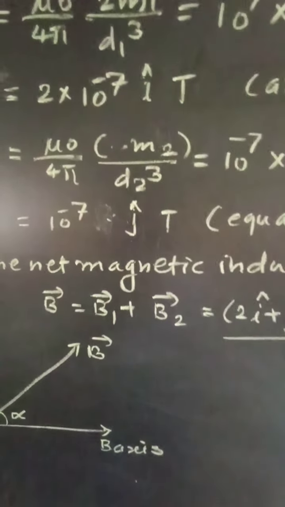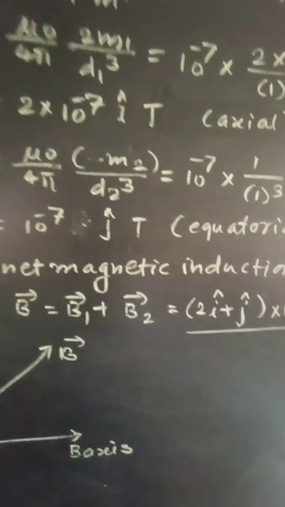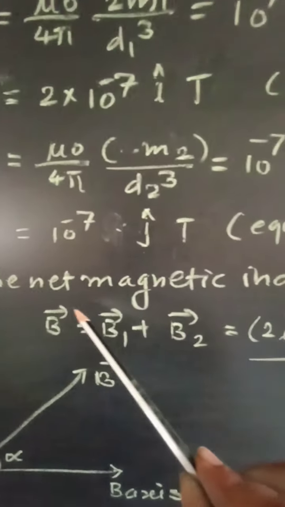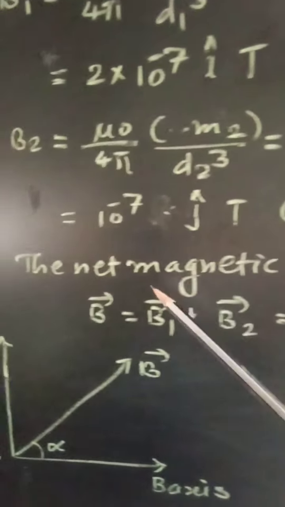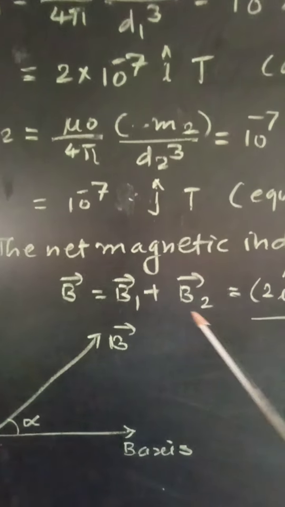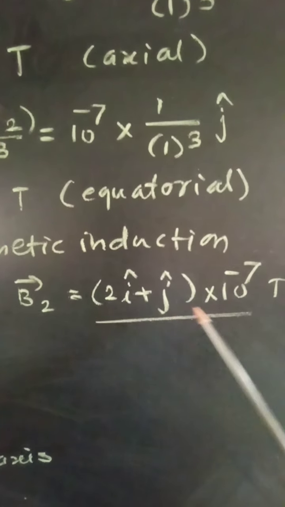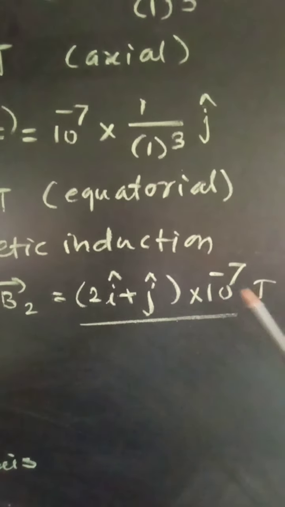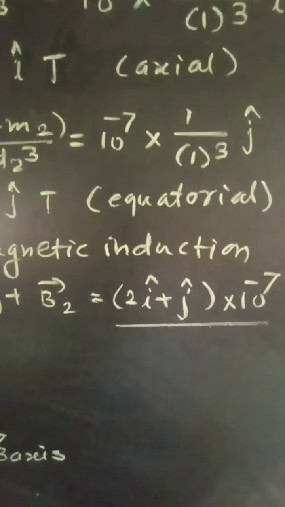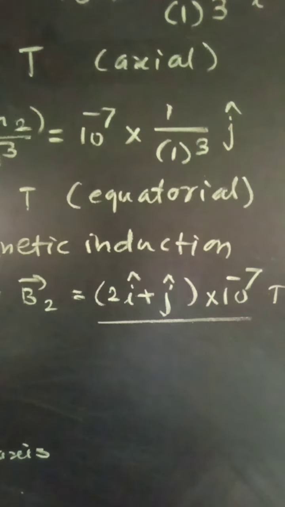B1 is along the axis and B2 is along the equator, and therefore the net magnetic field will be given as vector B equal to vector B1 plus vector B2, which is equal to 2 I cap plus j cap into 10 raised to minus 7 Tesla. This will be the required result, that is, the net magnetic field is (2 I cap plus j cap) into 10 raised to minus 7 Tesla.